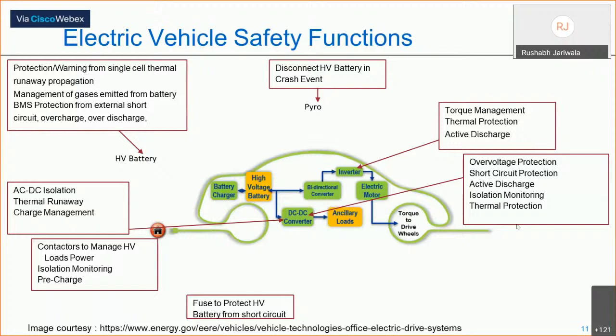And then it also needs to have one thing, that is active discharge. Active discharge would generally be needed in most of the HV components which are drawing power from the HV battery side, so let it be inverter, let it be DC-DC converter, and let it be the onboard charger.